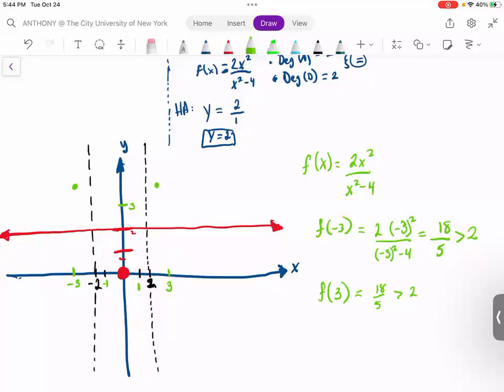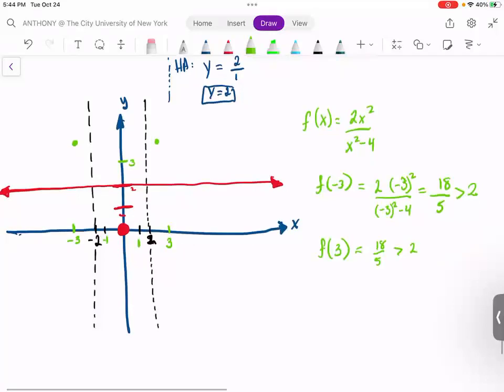So now I just got to plug in my other two test points, -1 and 1. And all I really need to do is just one of them. F of -1 is going to be 2 times -1 squared over -1 squared minus 4. What is -1 squared?